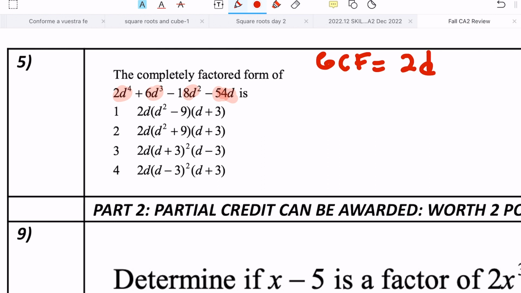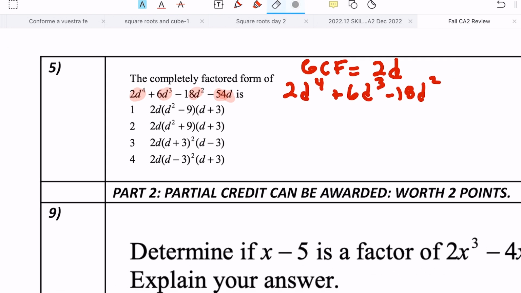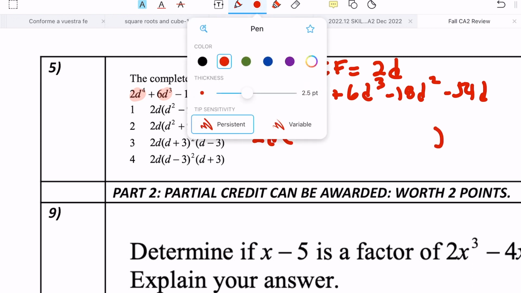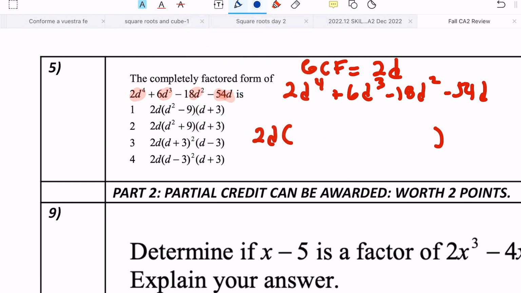So we have 2d to the 4th plus 6d cubed minus 18d squared minus 54d. So we have 2d as a GCF there. So we divide everything by 2d.